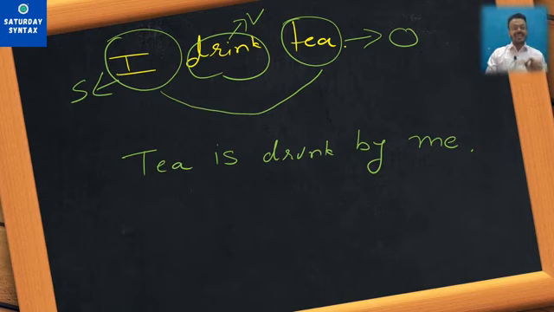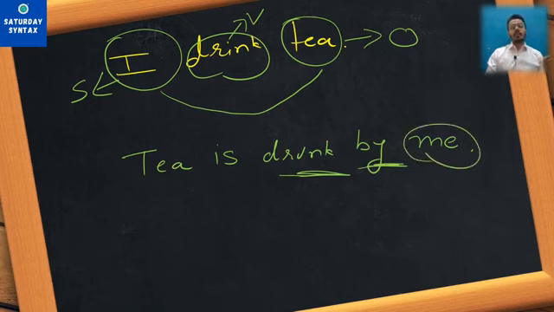So tea is. Now V3 form, and by; they both are important. So tea is drunk by me, because in the question it is given I, so it turns into me in the change of pronoun. I hope you now have a clear understanding of the basics of active and passive.